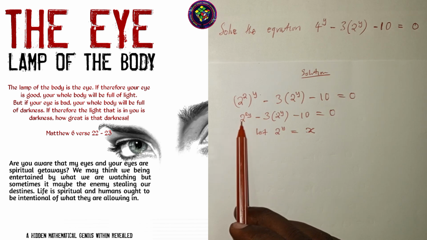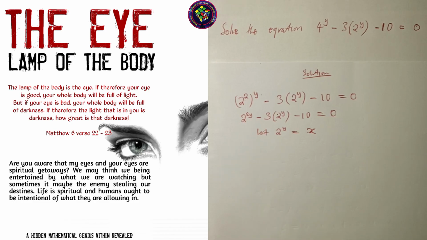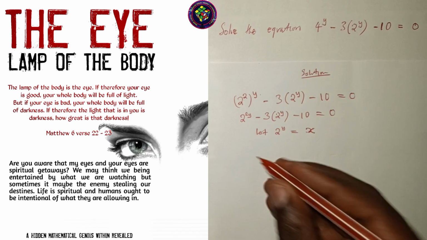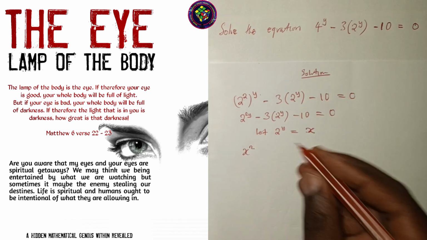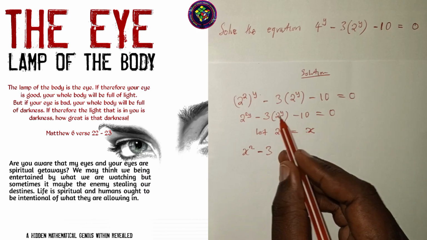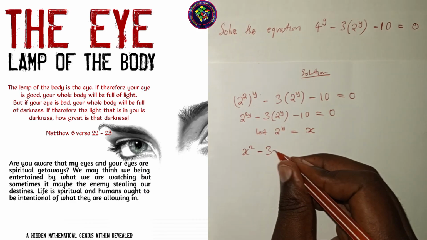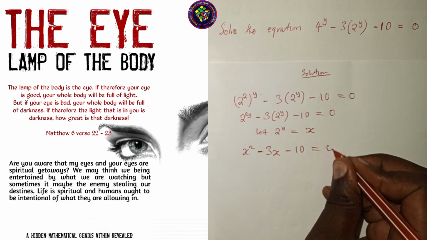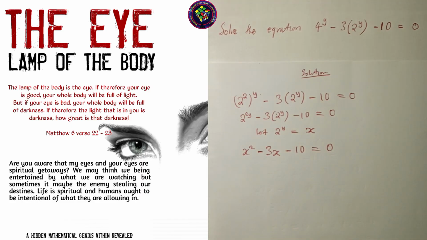So this becomes x to the power 2, that is x squared. So where there is 2 to the power 2y, it will be x squared. So we have x squared minus 3, 2 to the power y is x, so x squared minus 3x minus 10 is equal to 0.